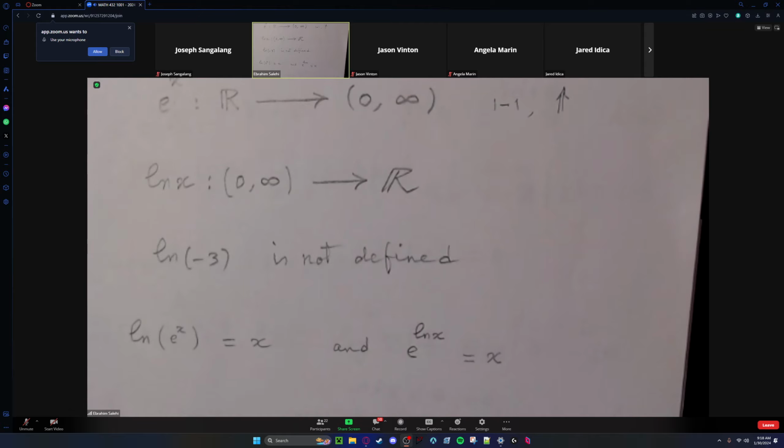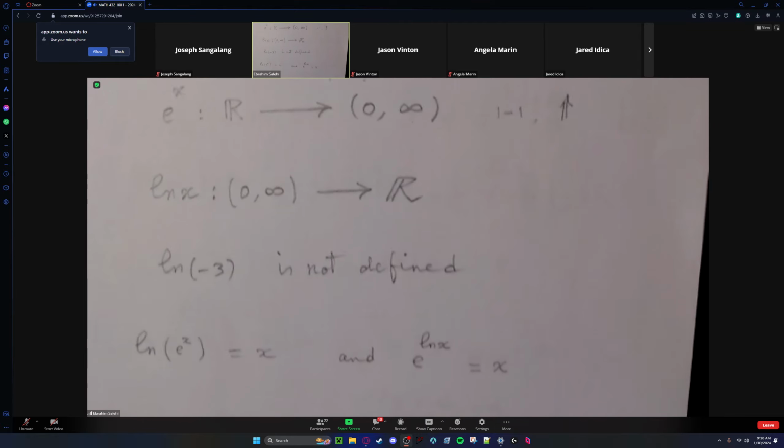Whatever log does, e to the x undoes it. Whatever e to the x does, log x undoes it. So when you compose them, you get the original x out.